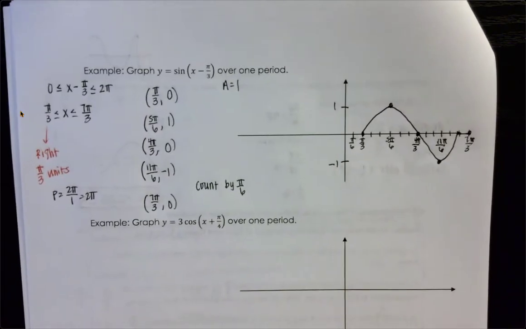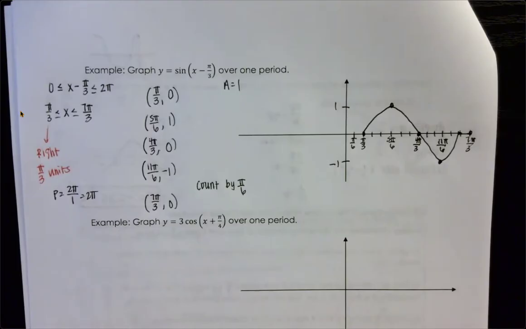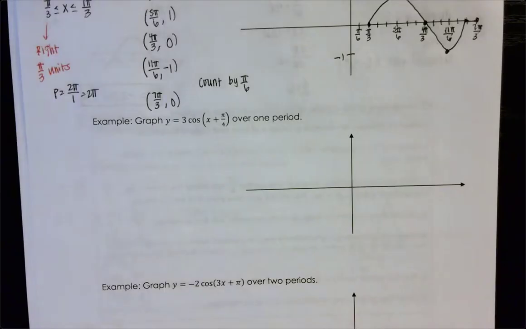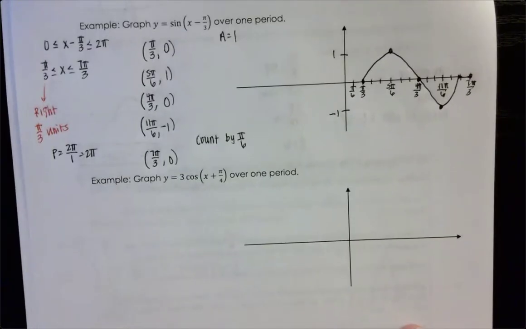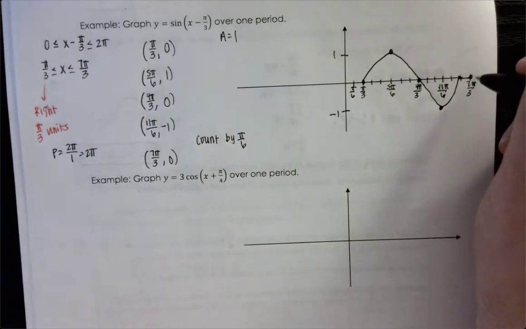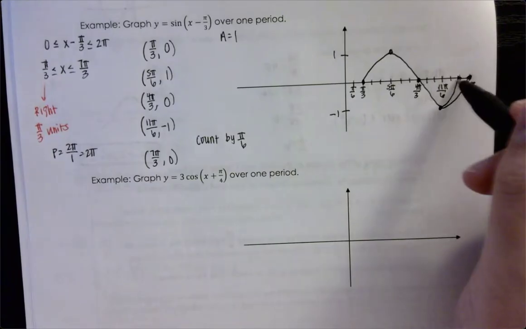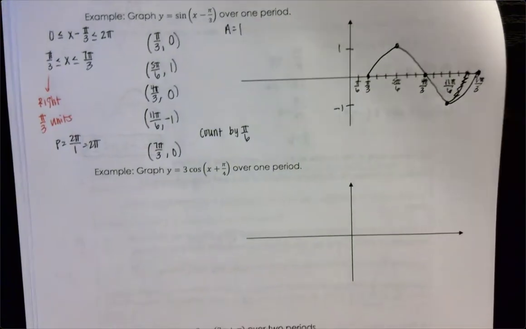So there's that graph over one period. Okay, this one should have went to this point here. So like that instead of this line right there.